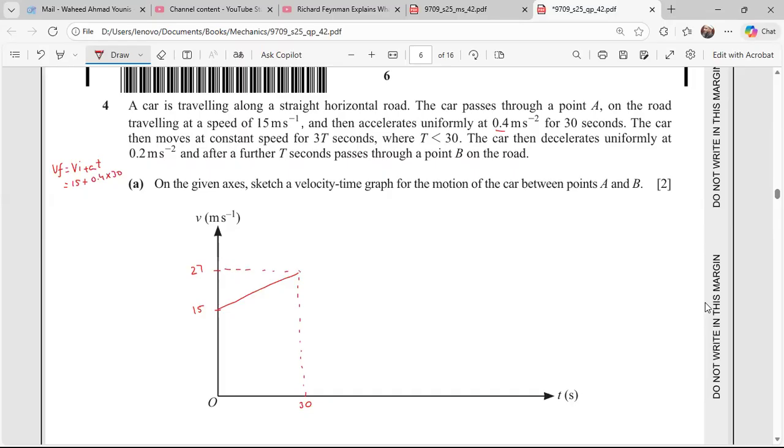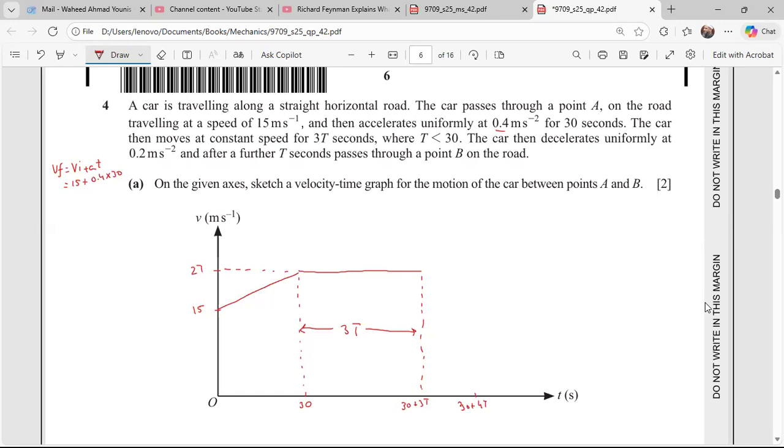Okay, then it keeps going with a constant speed for some time, and that time is known as 3T seconds. So this is the interval for which it keeps going with a constant speed. So at this point, the time is 30 plus 3T. Then for next T, so this is 30 plus 4T, it keeps decelerating.